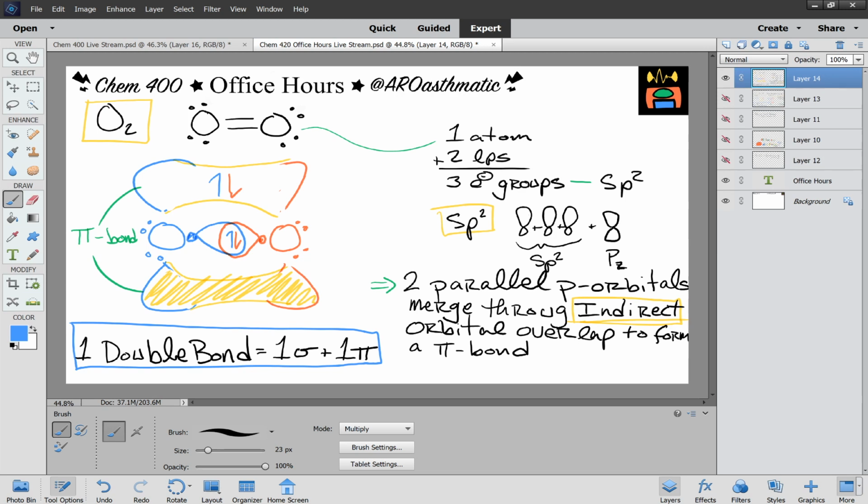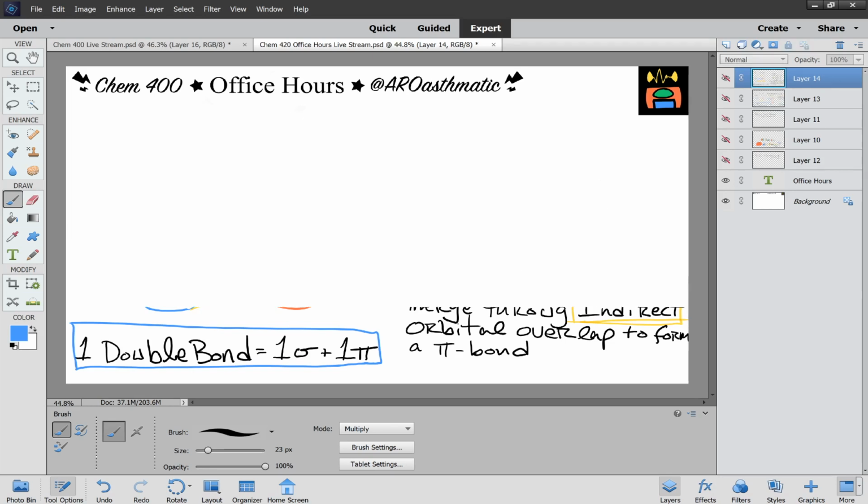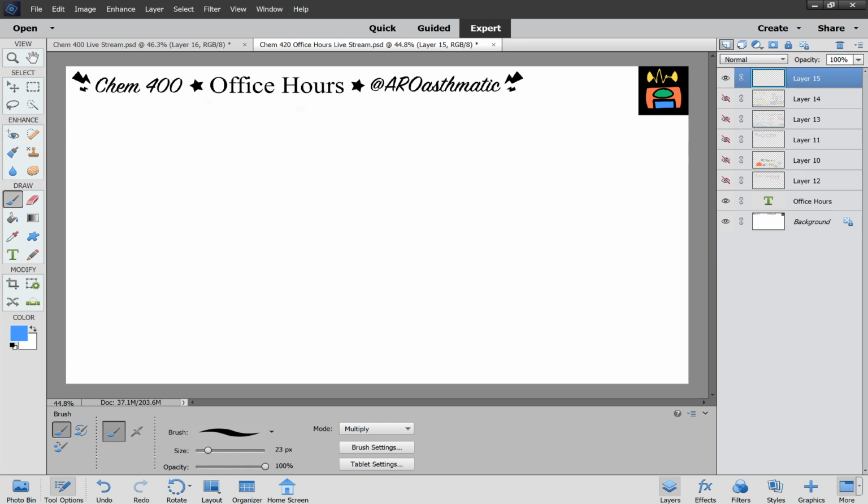The reason why I wasn't willing to commit to 100% of the time is there is a very notable exception. If you draw the Lewis structure for the molecule BH3, the Lewis structure comes out looking like this. There's no other way to do it.